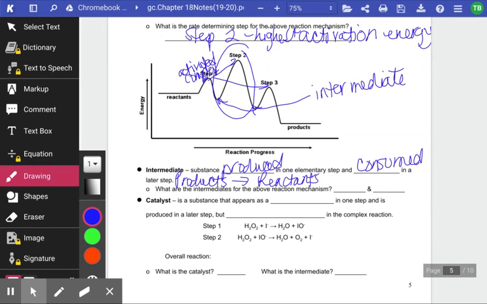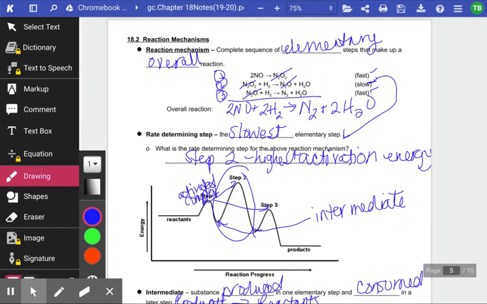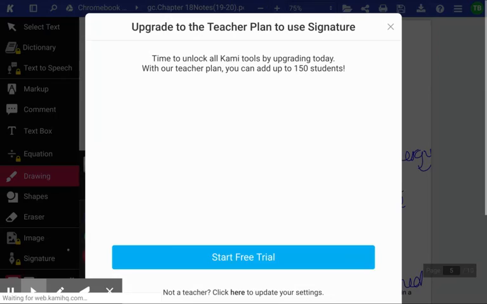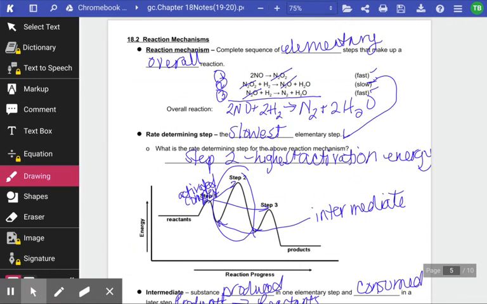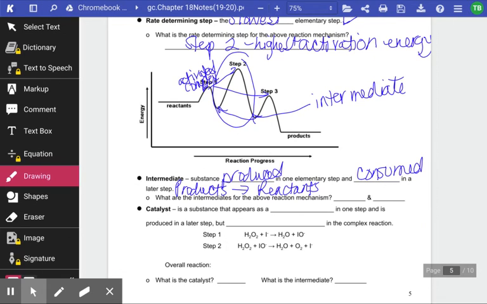So here it says, what are the intermediates for the above reaction mechanism? Well, if we go back and look, we notice that N2O2 starts as a product, ends as a reactant, and N2O starts as a product and ends as a reactant. So those are going to be our intermediates in that reaction mechanism.